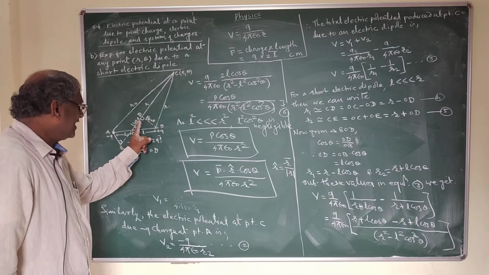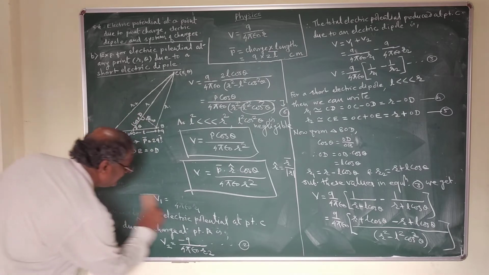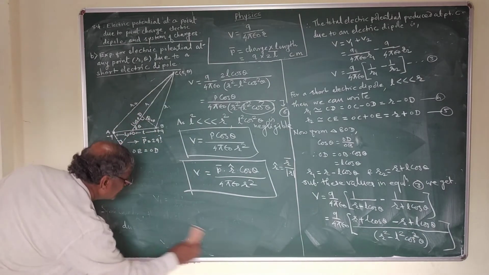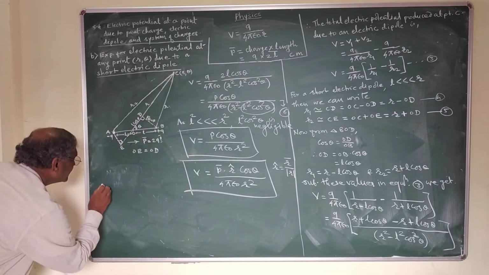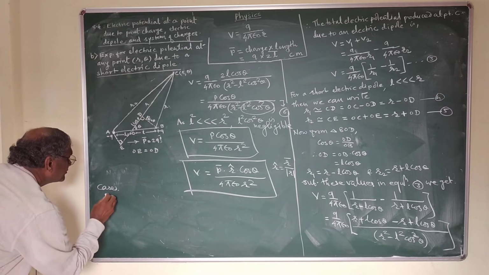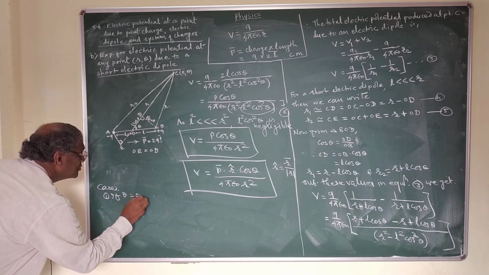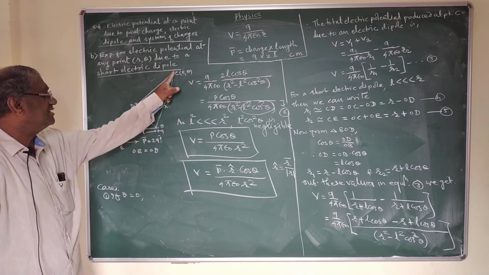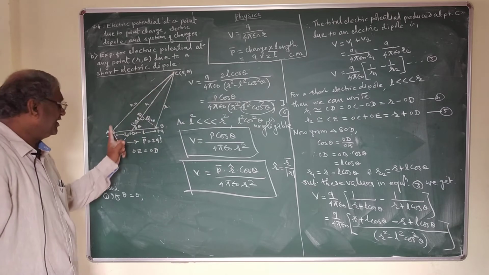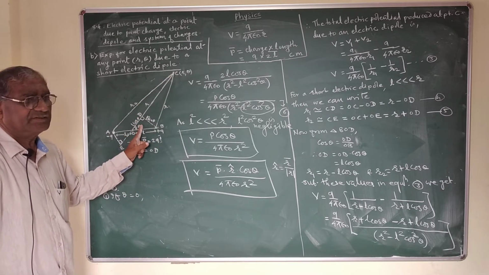If theta is equal to 0, then what happens? First case, if theta is equal to 0, the angle of inclination of the point with the axis of the dipole is equal to 0.